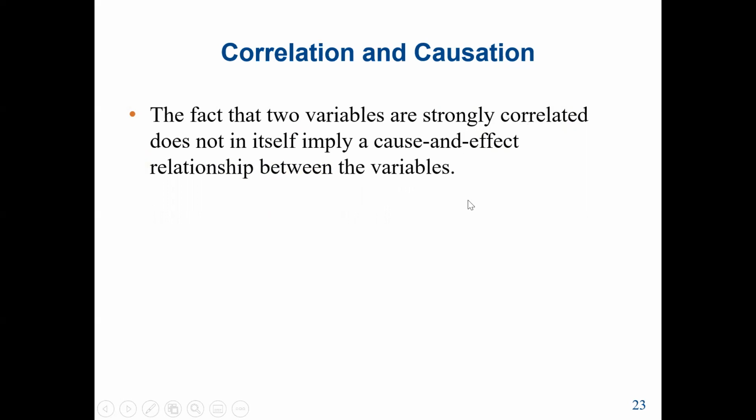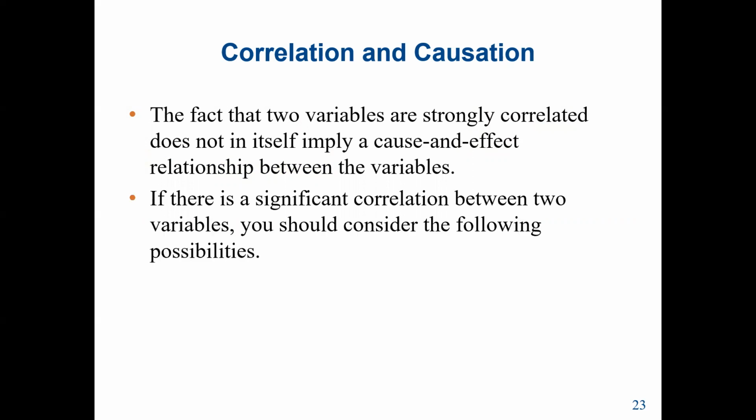But again, in order to test if there's a direct or indirect causation between two variables, we still have to check first if there's an association. Before there can be a causation between two variables, there must be a relationship or association between the two variables. But sometimes we may have an association between two variables, but there's no causation.